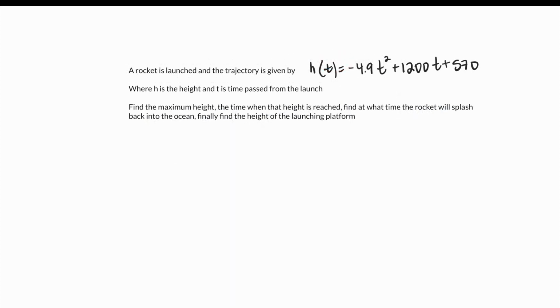Here's another example of application. A rocket is launched and the trajectory is given by the quadratic function h of t, where h is the height and t is the time that passed since the launch of that rocket. So I'm going to draw a little picture here. My y-axis is how high the rocket is at any given time with respect to sea level.